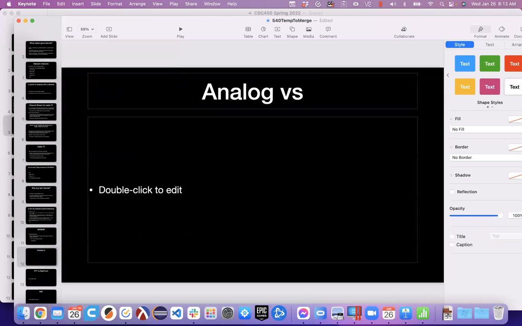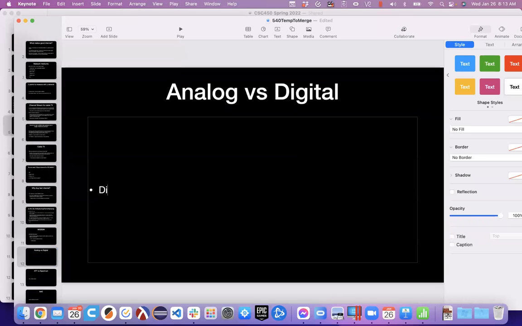Analog versus digital. Digital is discrete zeros and ones. Nothing measurable in between.